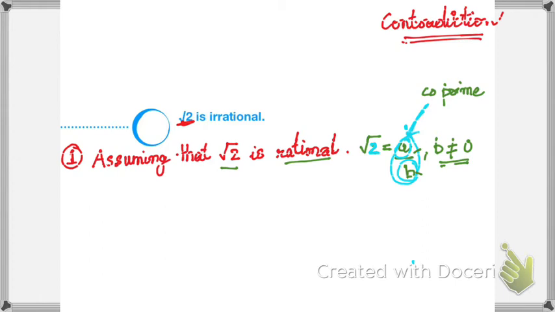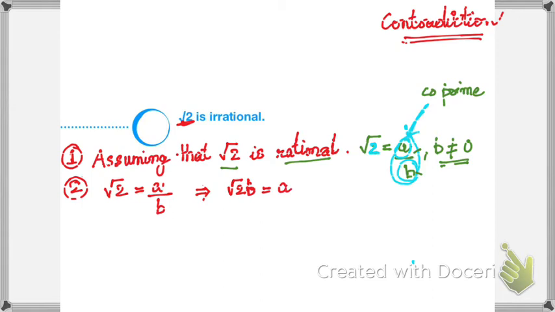Now we are coming to step number 2. Since we have assumed that root 2 is equal to a by b, as it is a rational number, you can write root 2 b is equal to a.